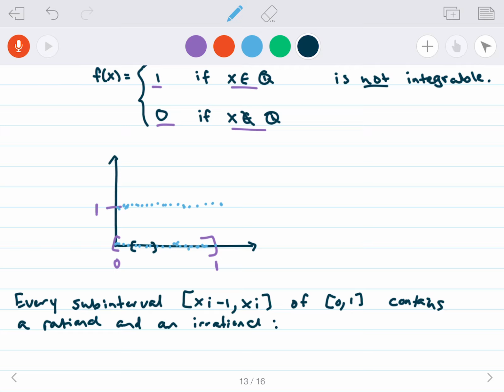This is just because of the density of the rationals and the irrationals in the reals. Any subinterval, no matter how small, is going to contain a rational and an irrational.